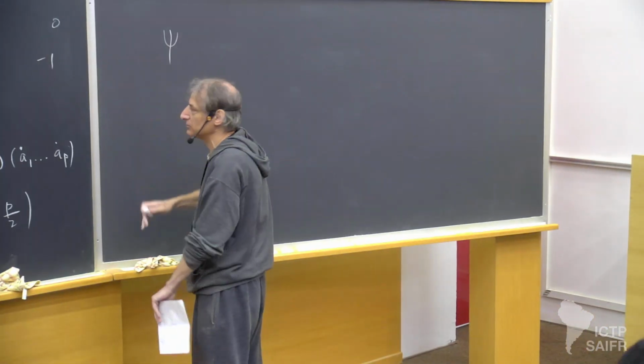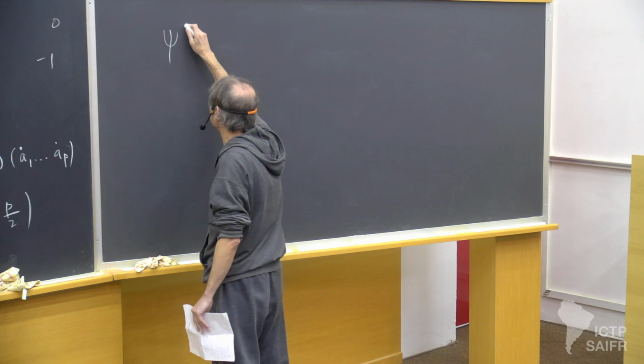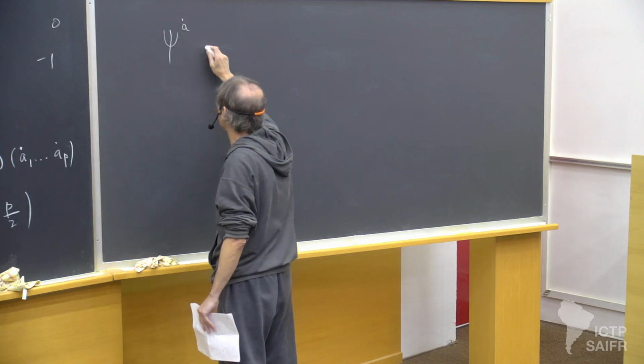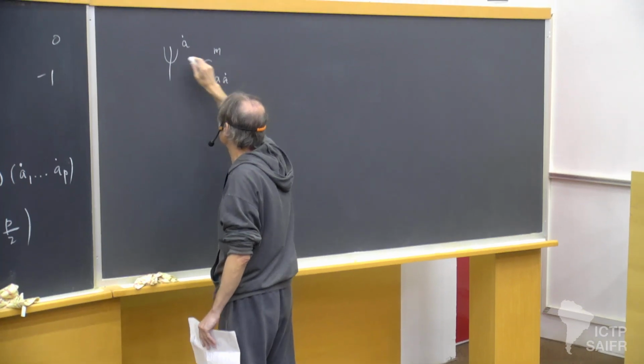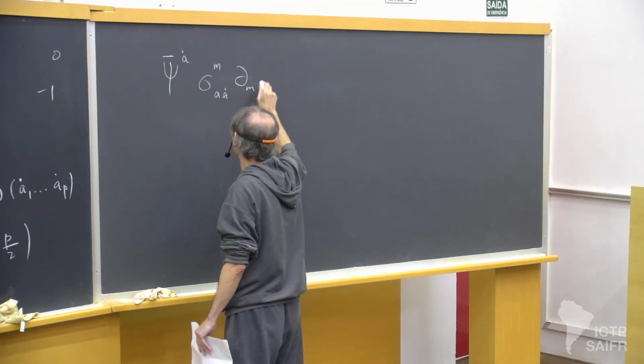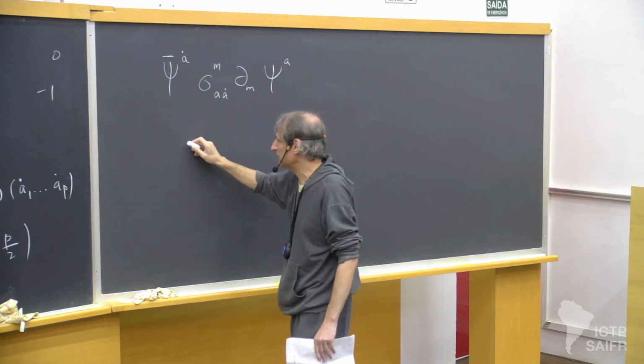So let's write down a kinetic term. Okay, so the kinetic term we're going to write down is, for example, psi A, sigma m a dot, dm psi A.